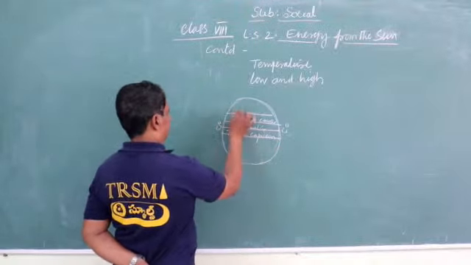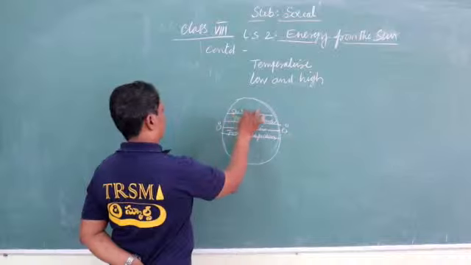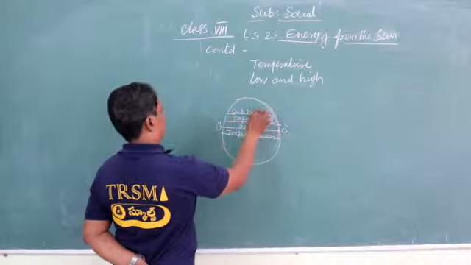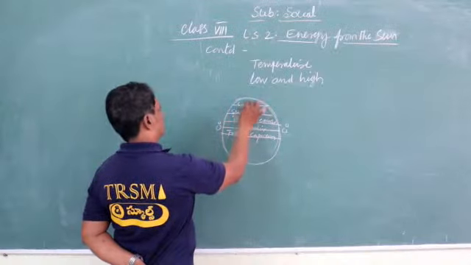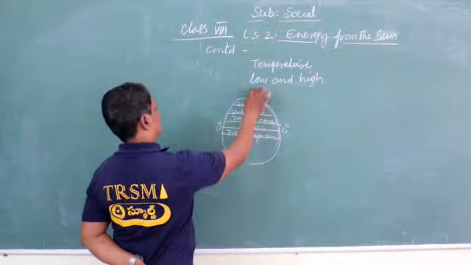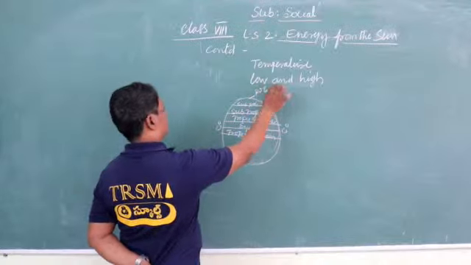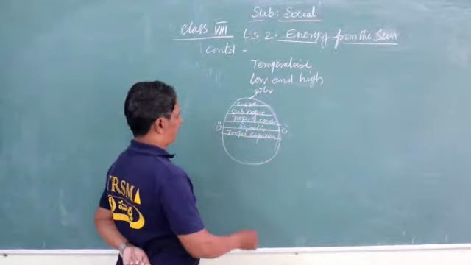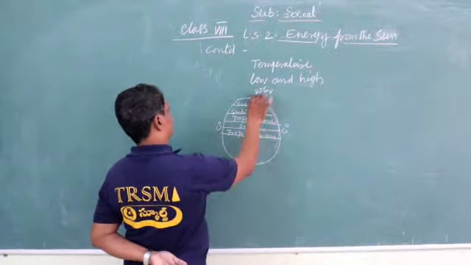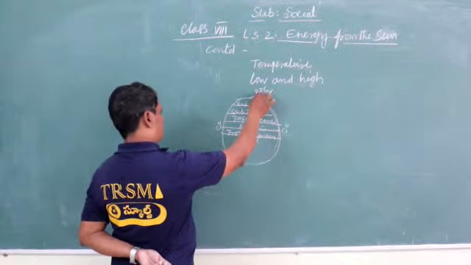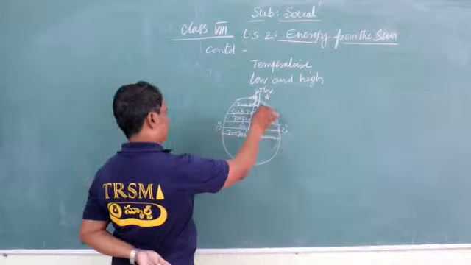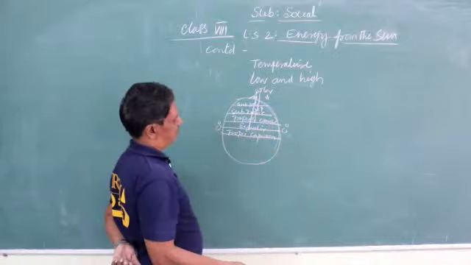This is subtropic, next to tropic. This is subpolar. This is polar. When you are moving away from the equator, temperature decreases. When you are moving from the polar region, temperature increases.